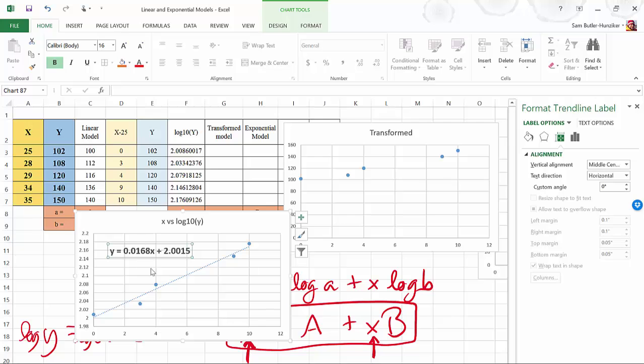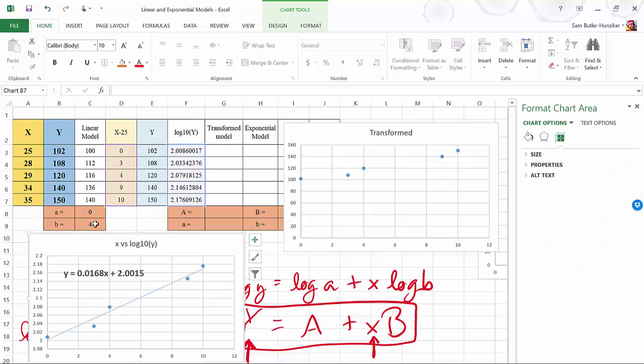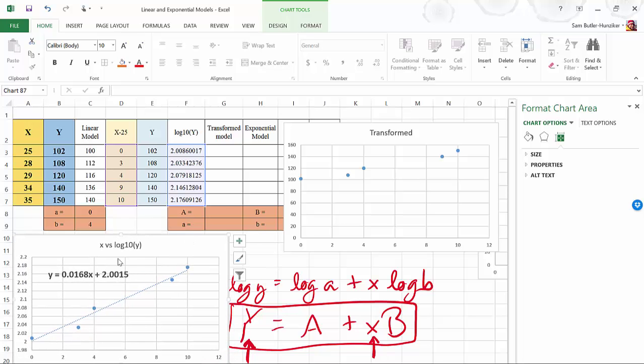So we'll use these as starting values for the exponential model, and then we'll adjust things like we did with the linear model. We'll adjust the a and b values accordingly. So with the x versus log y graph, we've got a line that models y equals a plus x times b, where these big A and big B values are 2.0015 and 0.0168 respectively.